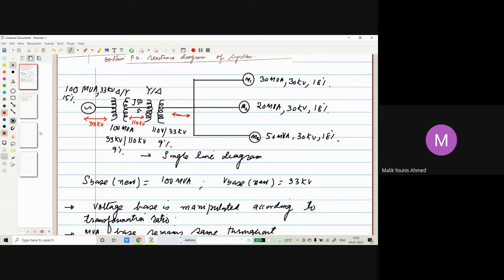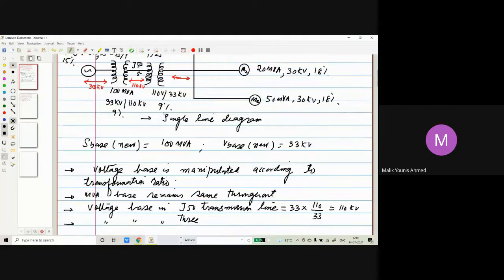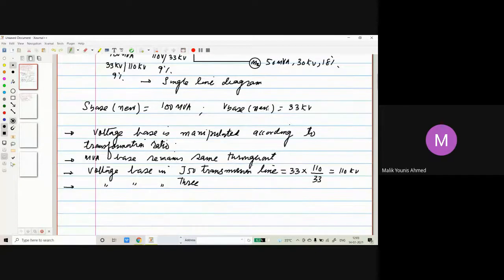The third voltage base is for the motors, M1, M2 and M3.